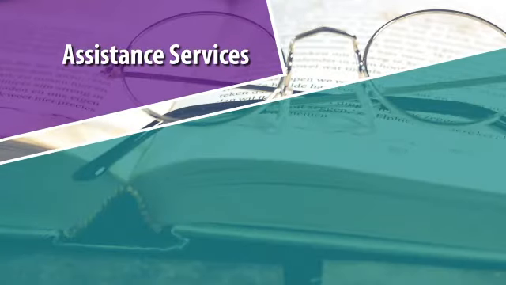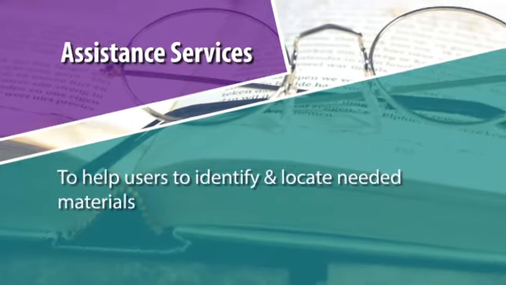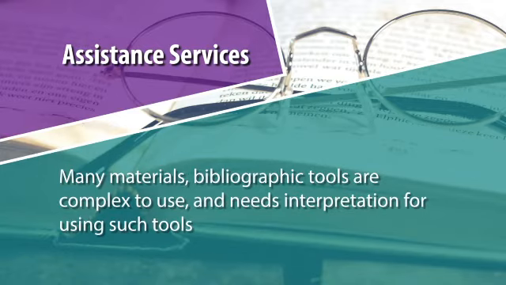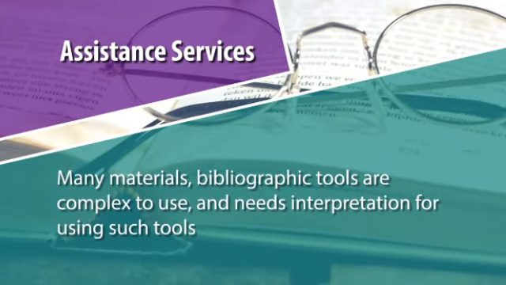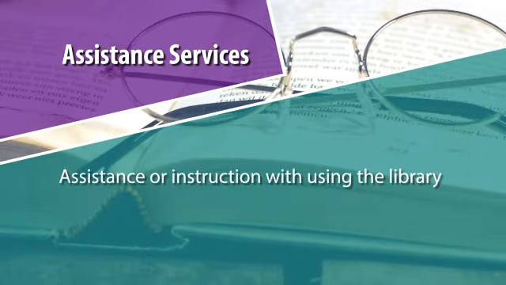Then under the reference service, the assistant services are given at the reader services section level. We help the users to identify and locate the needed material. Many bibliographic tools are complex to use and need interpretation, so the assistant services come into action here.